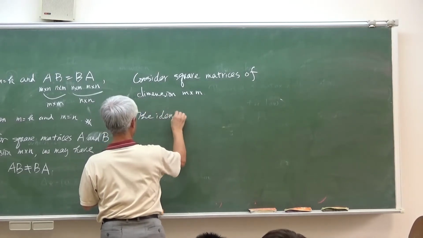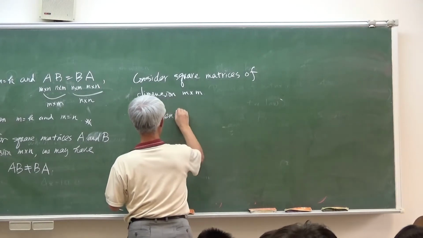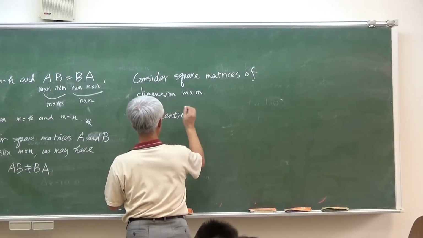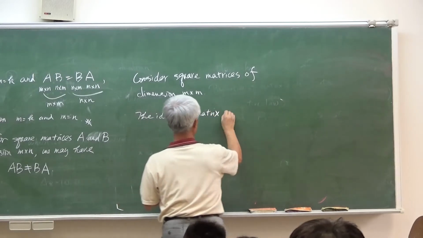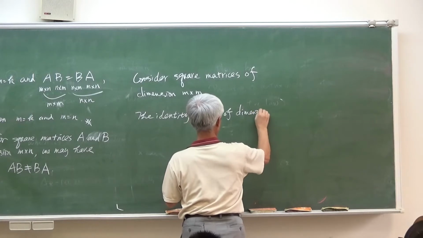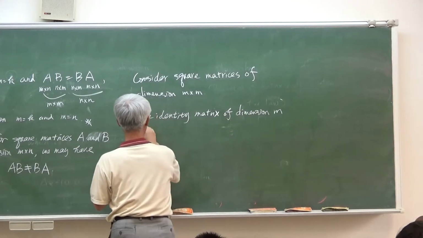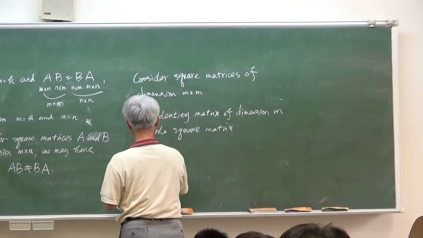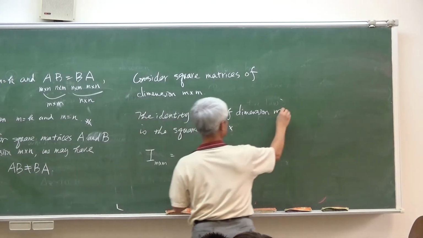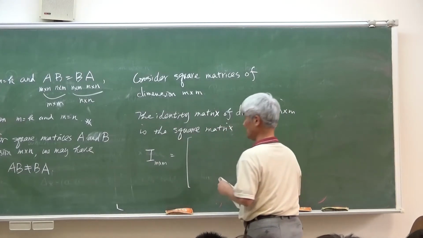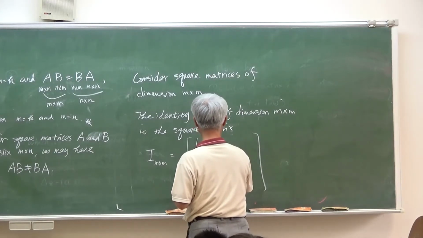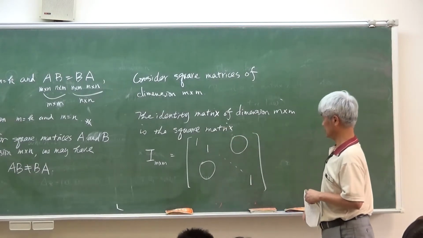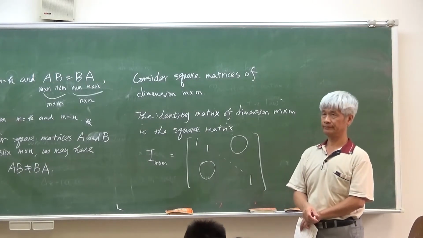The identity is a very special square matrix I that has all 1s along the diagonal entries, and all other entries are zeros.